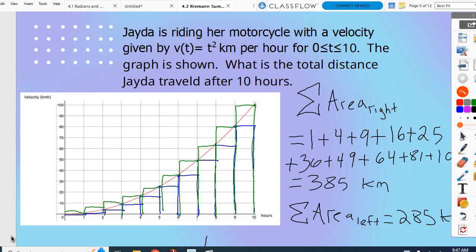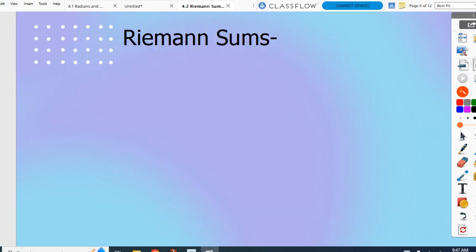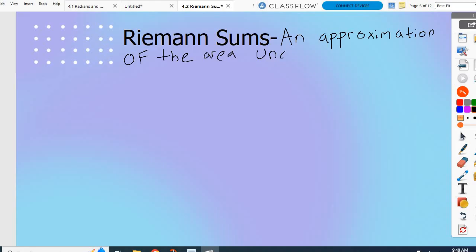And so basically what we did here, we didn't label it as such, but this is what is called a Riemann sum. So a Riemann sum is going to be an approximation of the area under a curve.